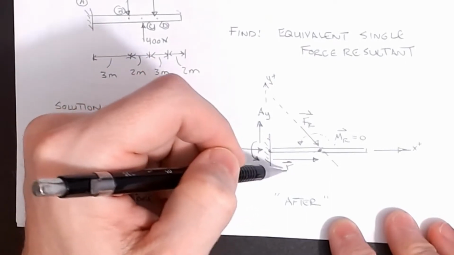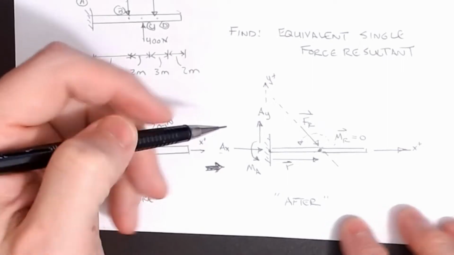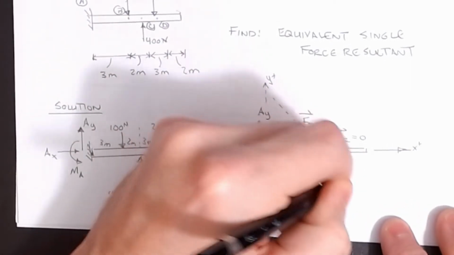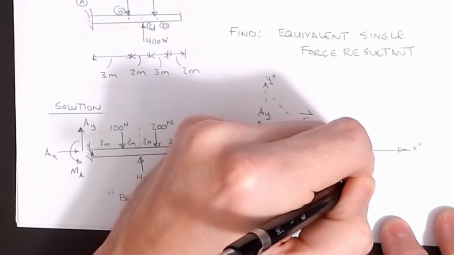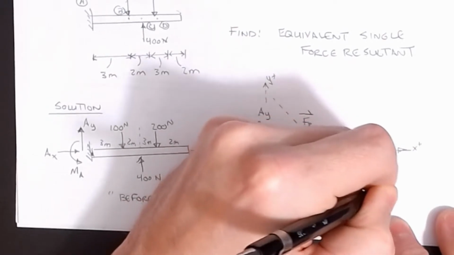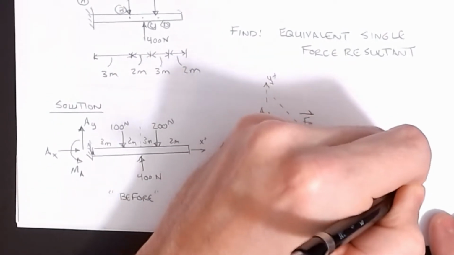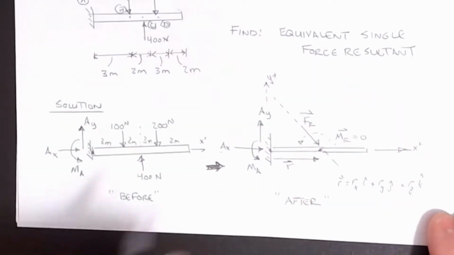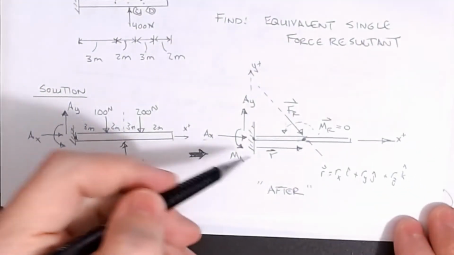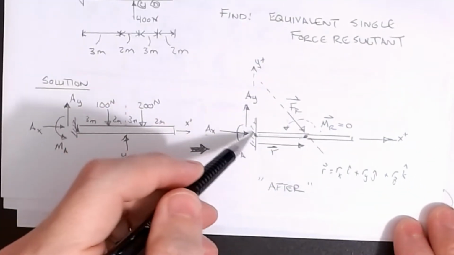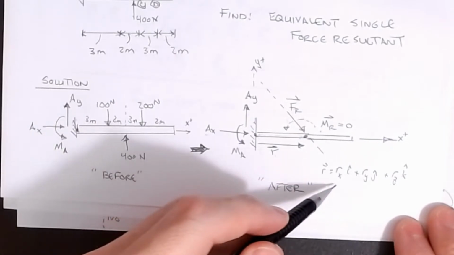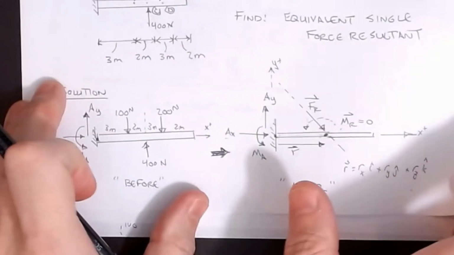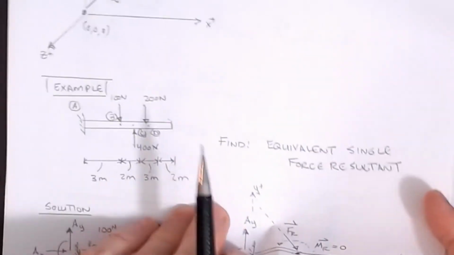But I'm just going to write it as an R and recognize that our R vector has to be an RX i plus an RY j plus an RZ k. And that will get me the distances in the X, Y, and Z direction from my origin. Now, we don't know RX, RY, RZ, but we'll be able to find them, and I'll show you how to do that here in just a moment.